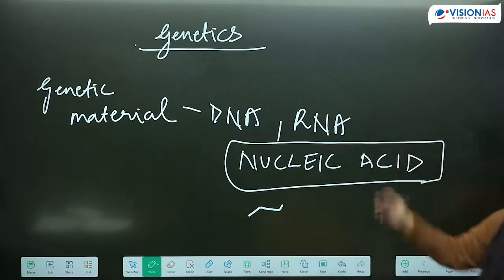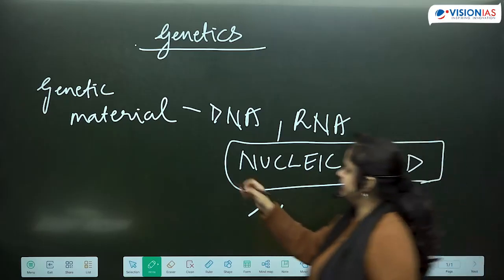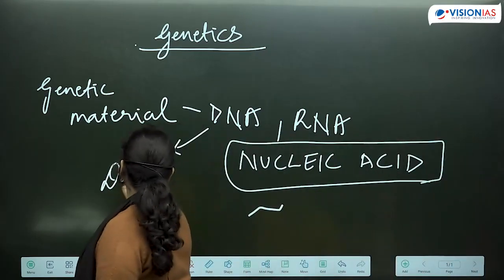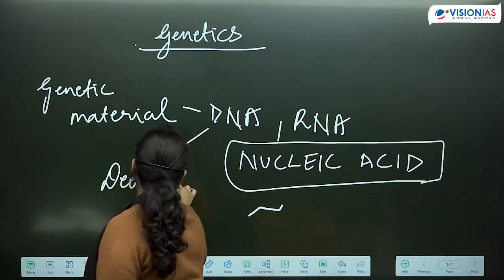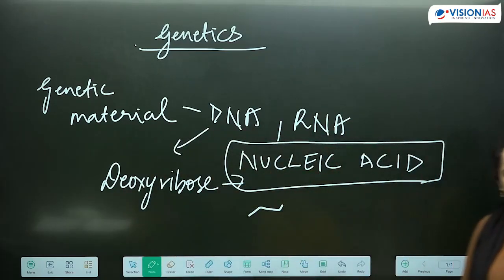So these are two types of nucleic acids which we have in nature. So all genetic material of all living organisms is made up of nucleic acids. Okay, this is what is responsible for transmission of characters. If you look at DNA, the full form is deoxyribose nucleic acid.